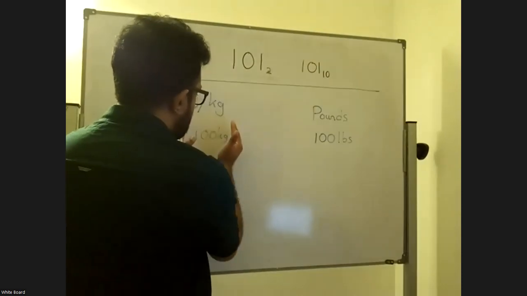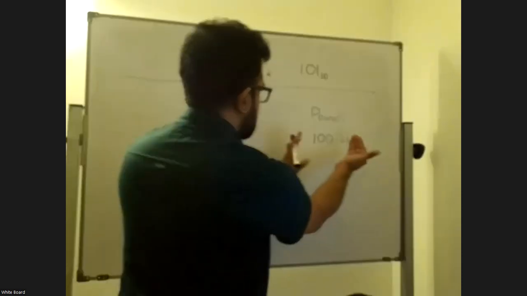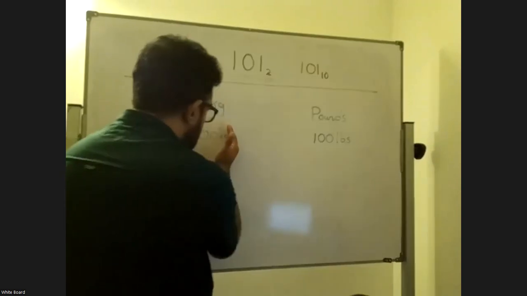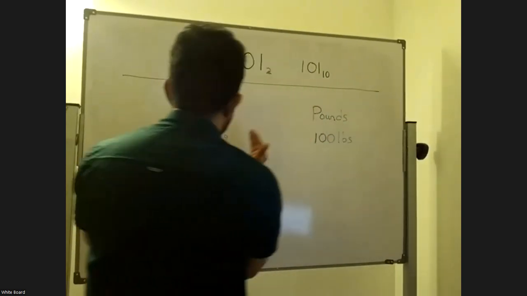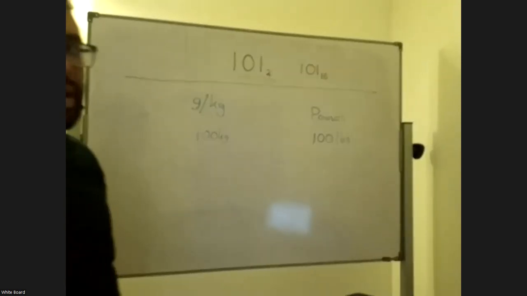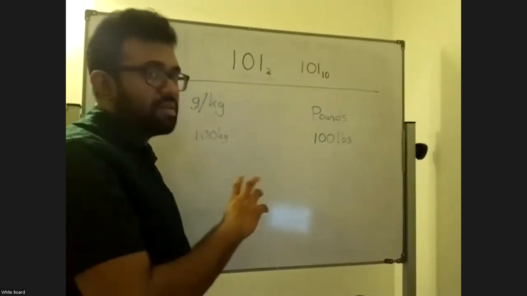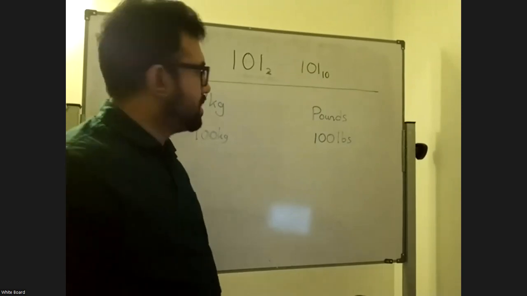You have to either convert this 100 kilos to pounds, or you have to convert this 100 pounds to kilos. Then you can have some idea whether what is larger or what is smaller, right?